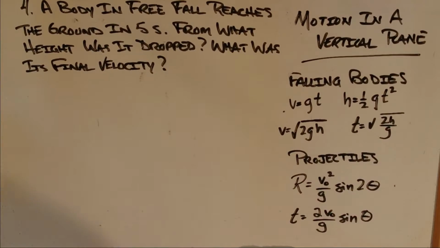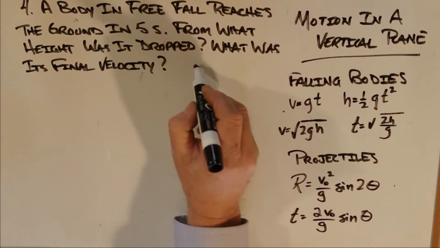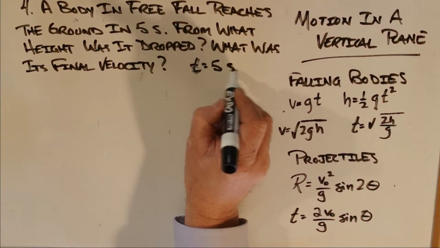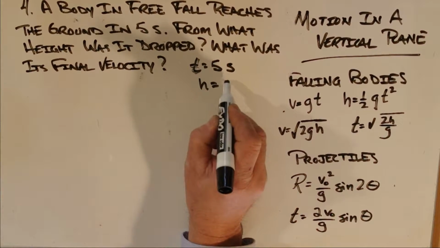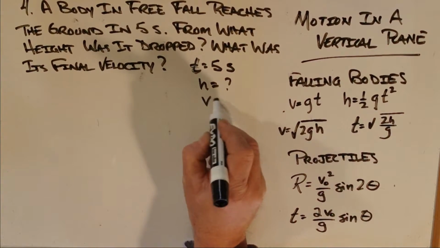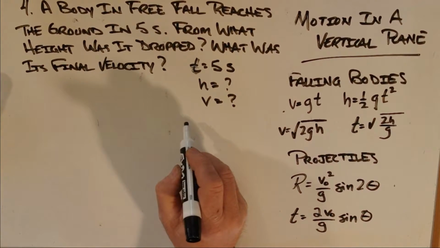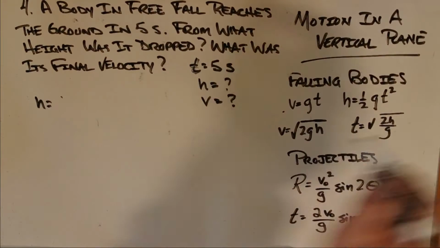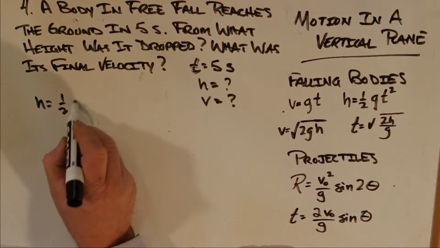The fourth problem, a body in free fall reaches the ground in 5 seconds. We're asked from what height is it dropped and what was its final velocity. So we're given t is equal to 5 seconds. We're asked to find v, the final velocity, and h, the height from which it was dropped.